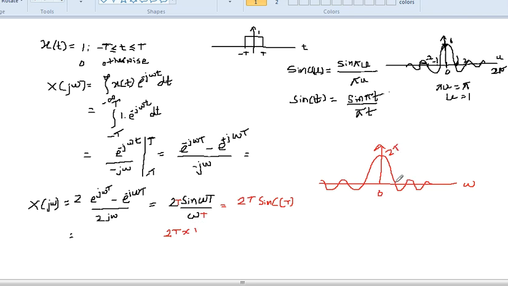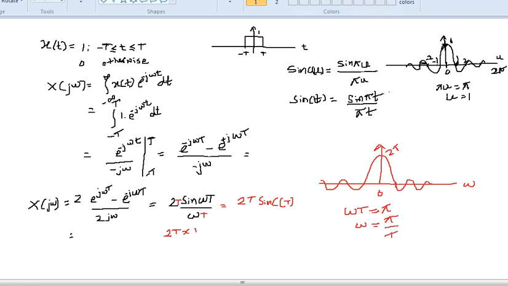And where does the first minima take place? To get the first minima, let's look at the sine term. This sine of omega into t should be equal to pi. So for what value of omega does the first minima happen? Because we know the first minima happens in case of sine when the argument is equal to pi, omega is equal to pi by t we get.